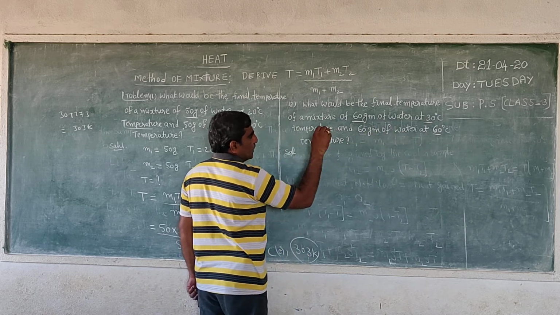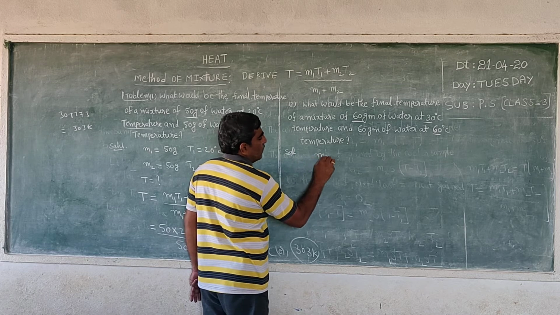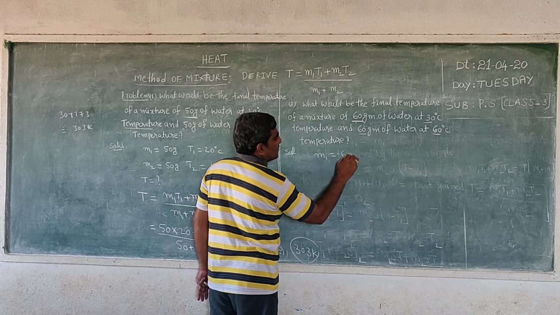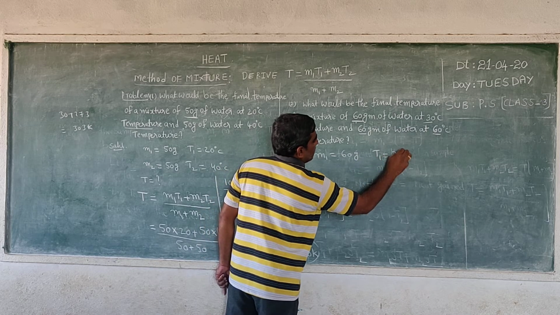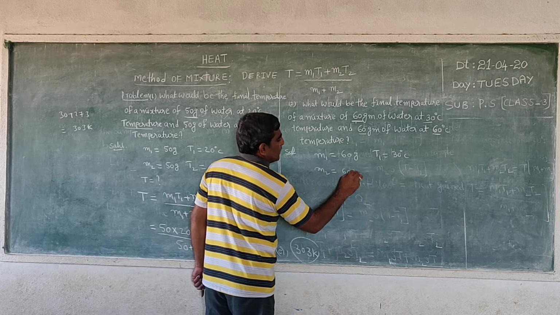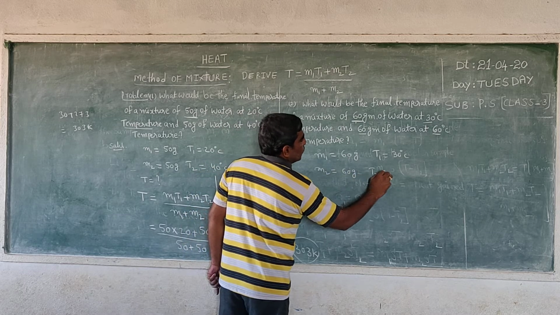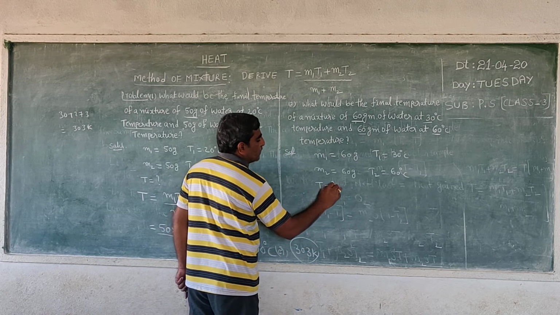We can write water given and water find out. So M1 is equal to 60 grams and T1 is equal to 30 degrees Celsius, and M2 is equal to 60 grams and T2 is equal to 60 degrees Celsius.